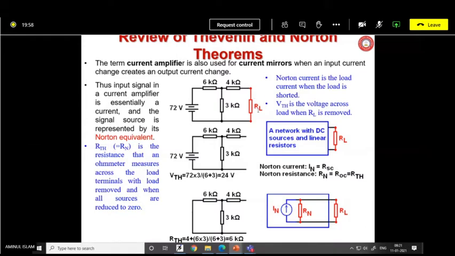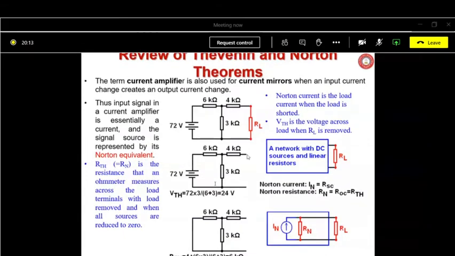Keep the DC voltage intact. All the resistances are intact except the load resistance. You want to find out the voltage across the load resistance. You remove it and connect a voltmeter.